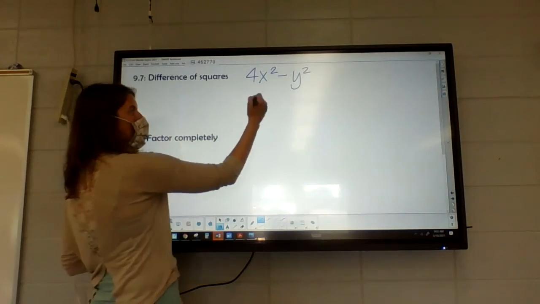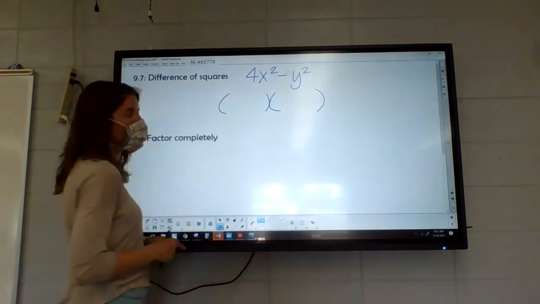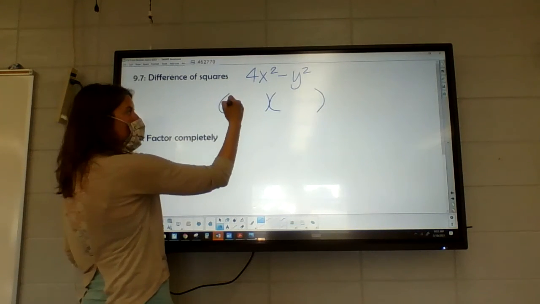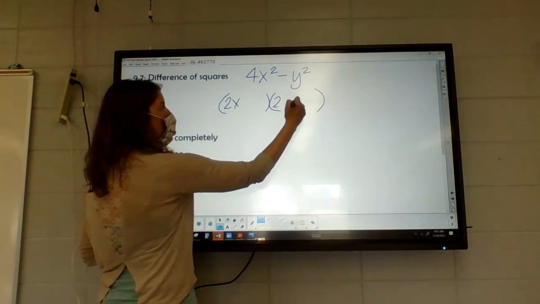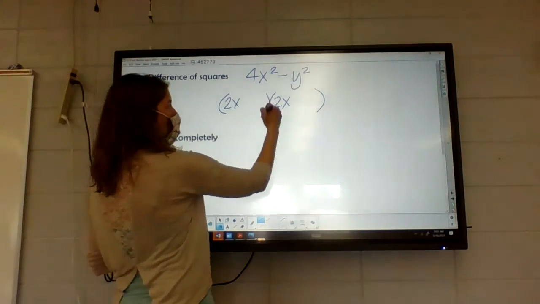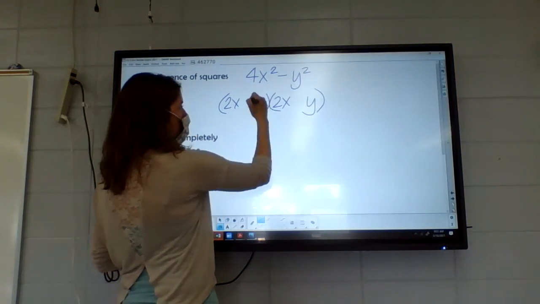So automatically you can just go to 2 sets of parentheses. Now do a check for a GCF. There's no GCF in this case, nothing goes into 4x squared and y squared. But to get 4x squared, it's 2x and 2x. And then to get y squared, it's y and y. And then we just do plus and minus.